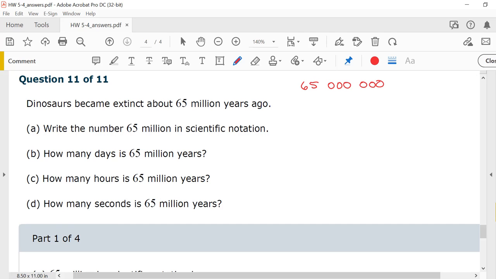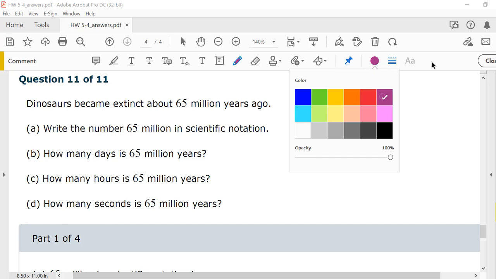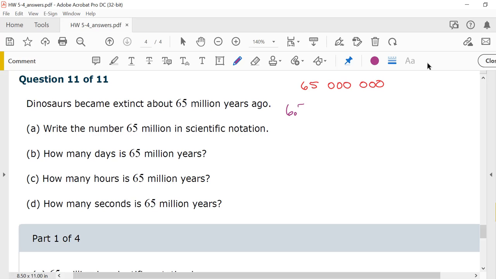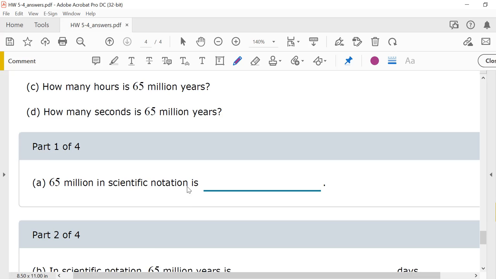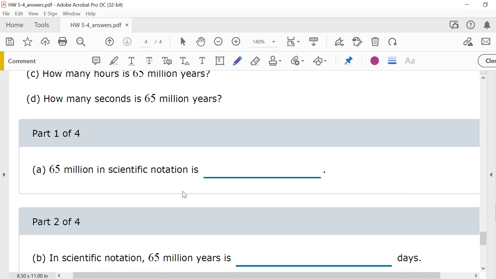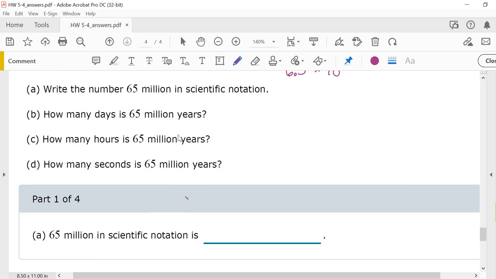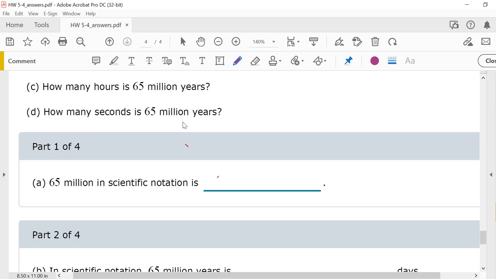To write it in scientific notation, I would want to write 6.5 times 10 to the 1, 2, 3, 4, 5, 6, 7. So in scientific notation, part 1, 65 million is 6.5 times 10 to the 7th.